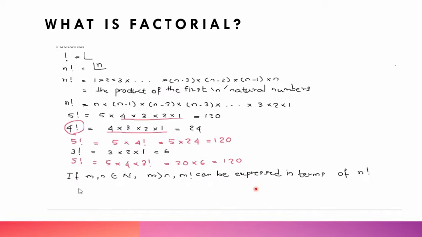Let's see an example. 8 factorial equals 8 times 7 times 6 times 5 times 4 times 3 times 2 times 1. We can write it as 8 times 7 times 6 times 5 factorial, or 8 times 7 factorial.